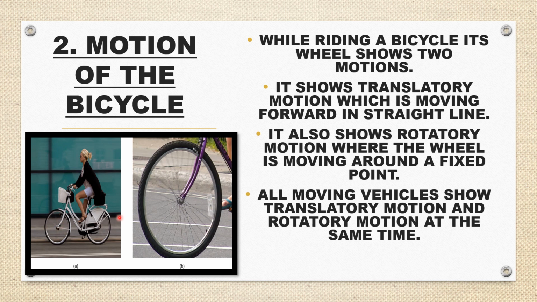So the bicycle is moving in the forward direction, showing translatory motion, and the wheels are moving like this and showing rotatory motion. So both translatory and rotatory motion are exhibited at the same time whenever we talk about the motion of a bicycle.